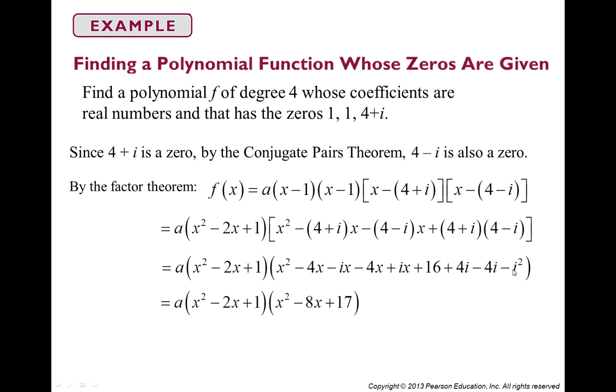And negative i squared becomes, i squared is minus 1, minus a negative 1 is positive 1, and 16 plus 1 is 17. When we FOIL that out again and combine our like terms, we get a times x to the fourth minus 10x cubed plus 34x squared minus 42x plus 17.